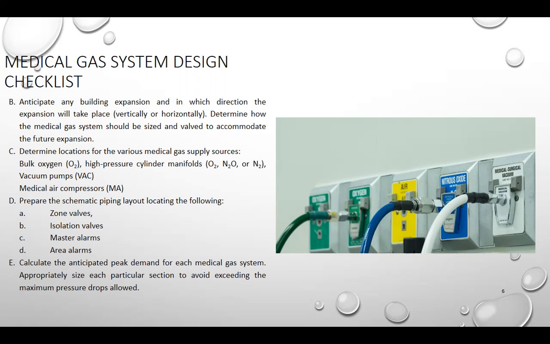So prepare the schematic piping layout locating the following. A, zone valves. B, isolation valves. C, master alarm. D, alarm. E, calculate the anticipated peak demand for each medical gas system. Appropriately size each particular section to avoid exceeding the maximum pressure drop allowed.